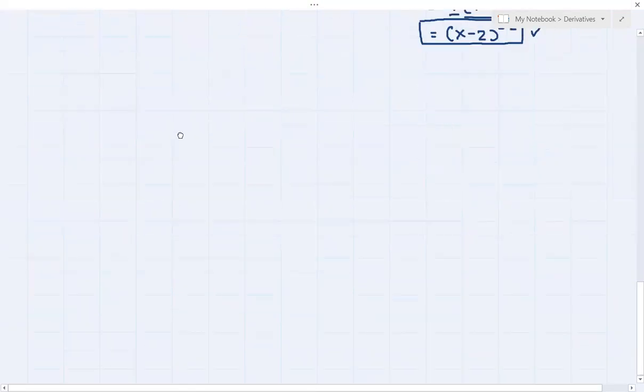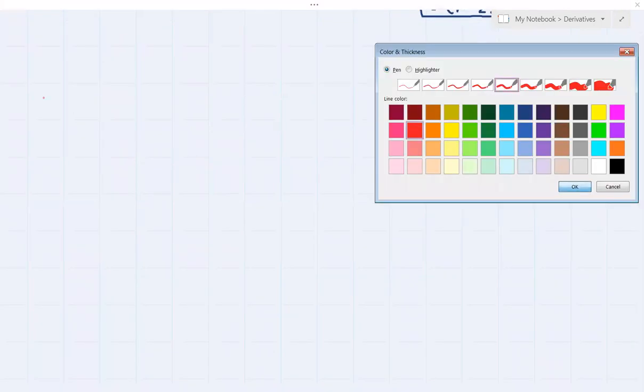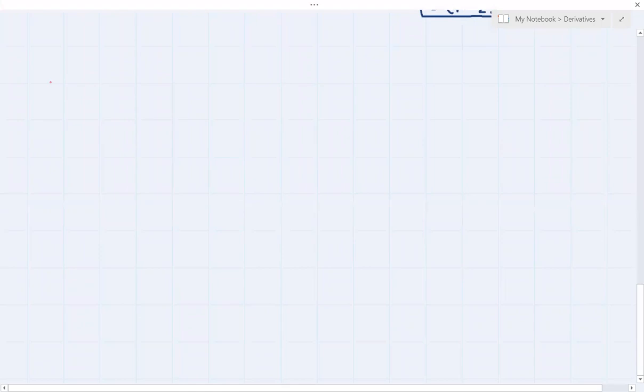Now, here's the thing. Okay? What if we are given a fraction, so we're going to apply the quotient rule, but there is a polynomial with an exponent? For example, we have on top x minus 1 all over the square of x plus 1.